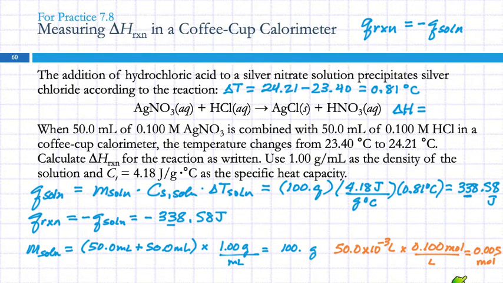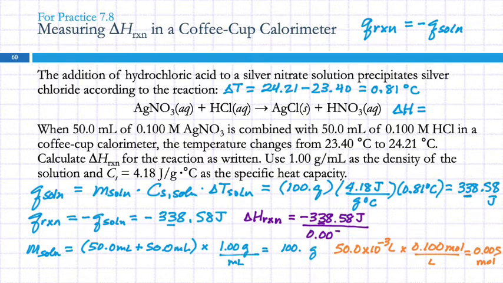So we actually reacted 0.005 moles, and we want to know how many joules or kilojoules per 1 mole. So the heat of reaction is going to be the negative 338.58 joules divided by the number of moles that we actually had.